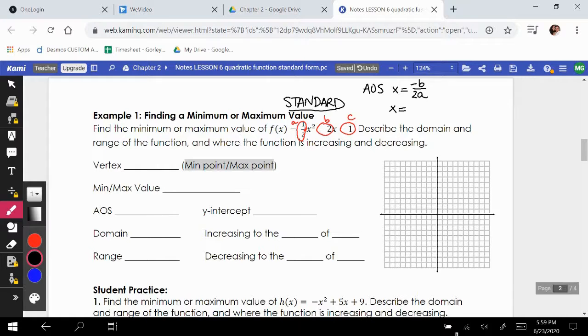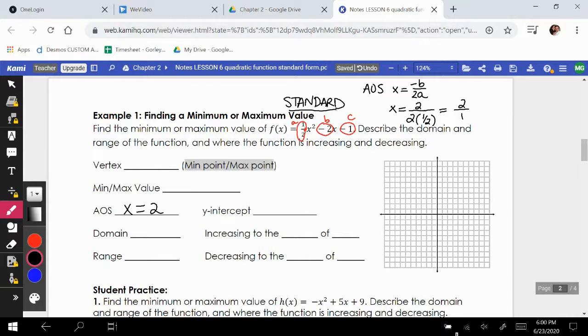It would be +2, right? If I do minus a -2, then that's going to end up becoming a +2 in the numerator, over 2a, and a here is 1/2. So what is that? That's going to simplify to 2 over 1. So my axis of symmetry is x equals 2.